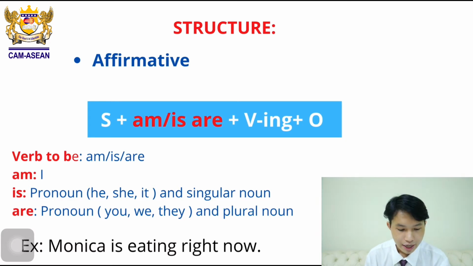Okay? Alright. And the verb to be has am, is, and are. Okay? Am, you can use only with the pronoun I. Alright? But for is, you use it with the pronouns he, she, it, and a singular noun.